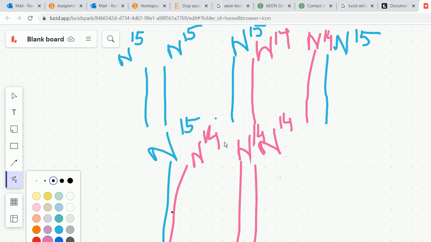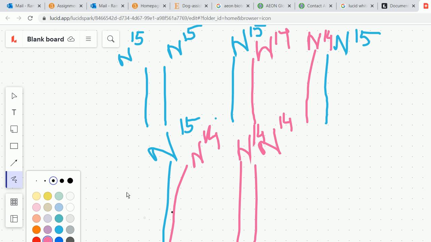And this is the second molecule of DNA, which has both strands with nitrogen 14. So in the second cycle of replication, the two molecules of DNA which are formed are not the same, just like the first cycle; they are different. One molecule is a hybrid, another is pure, which means both strands are the same here.